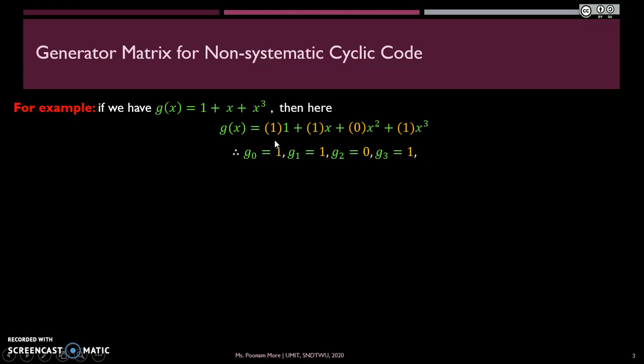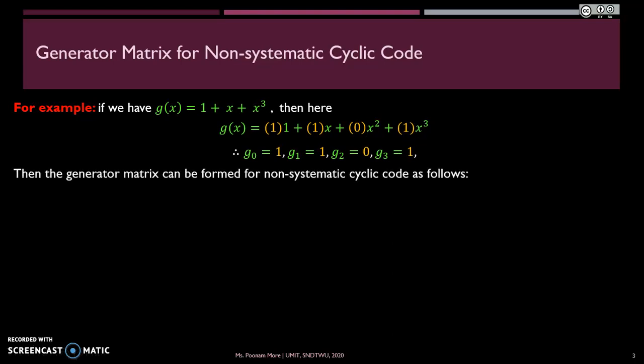So G0 is 1, G1 is also 1, as the coefficient of x is 1. The value for G2 is 0, as the coefficient of x squared is 0, and the value for G3 is equal to 1, as the coefficient of x cubed is equal to 1.